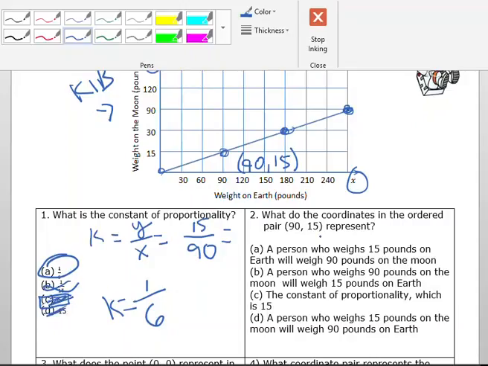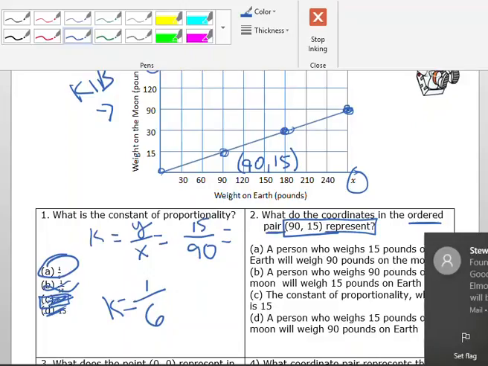All right. Number 2, what do the coordinates in the ordered pair 90, 15 represent? So when we have these ordered pairs, they mean something. What is the sentence that I can say that would essentially tell me what this means when I see 90 in my x and 15 in my y?